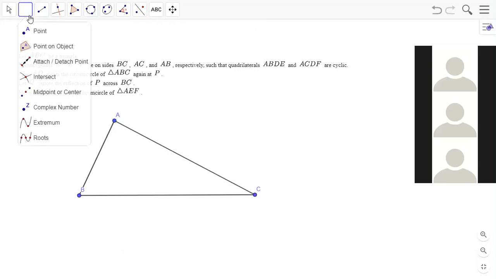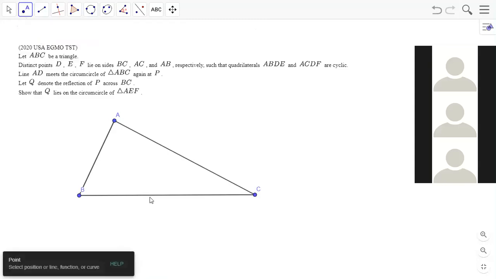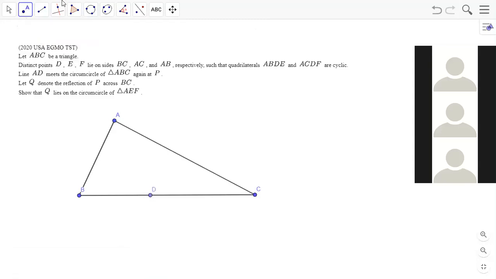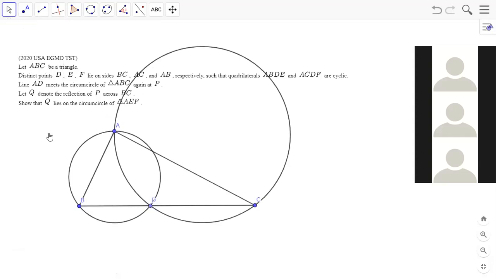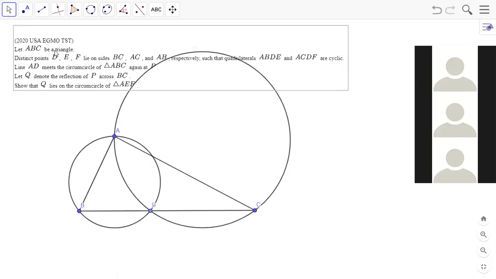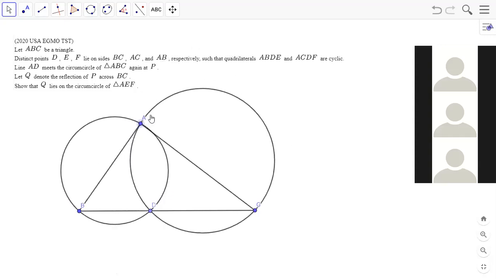Okay, so D is a point on BC, and then we draw the circles ABDE and ACDE. I saw this problem. It is actually easy. Oh, it's pretty easy. Yeah. Okay, I'll just do it really quick and see if we can do it.